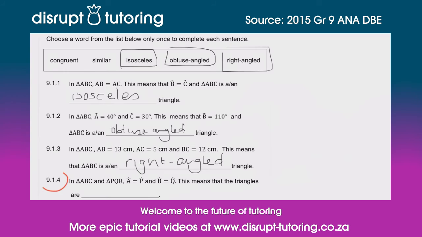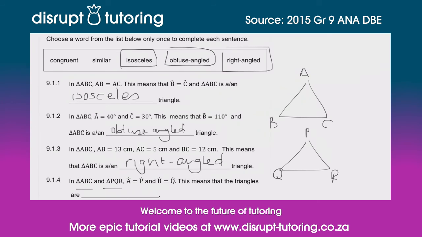Moving on to the last one, 9.1.4. In triangle ABC and triangle PQR, we've got A is equal to P, and B is equal to Q. So I'm going to draw the two triangles out, and I've got triangle ABC, which is labeled like this, and I've got triangle PQR.